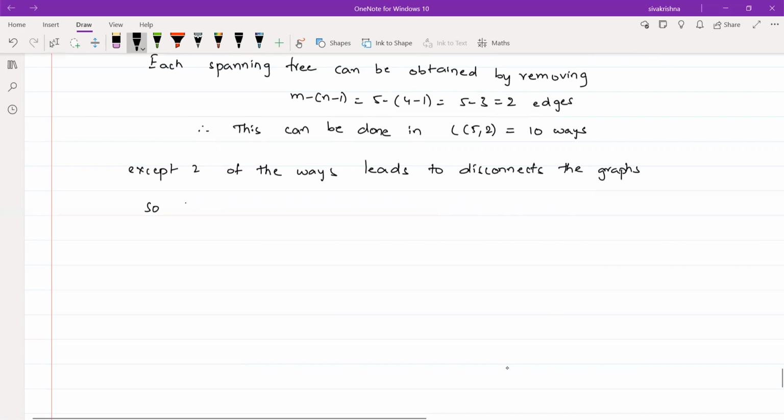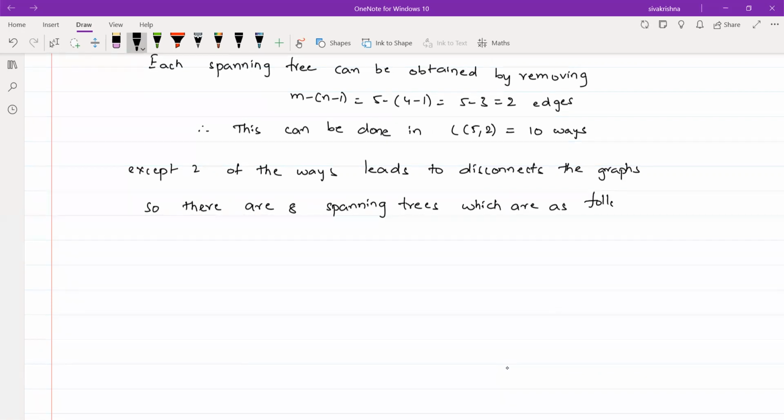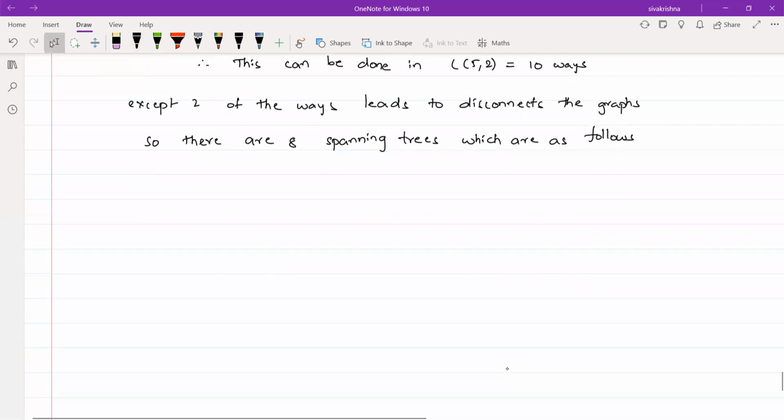So there are 8 spanning trees which are as follows. And I am representing those 8 spanning trees.